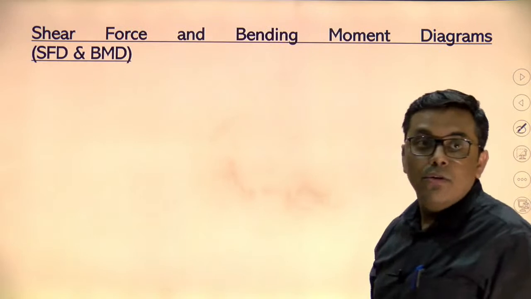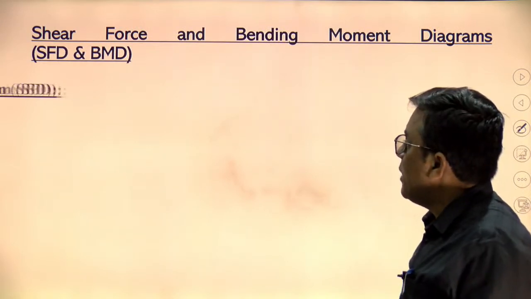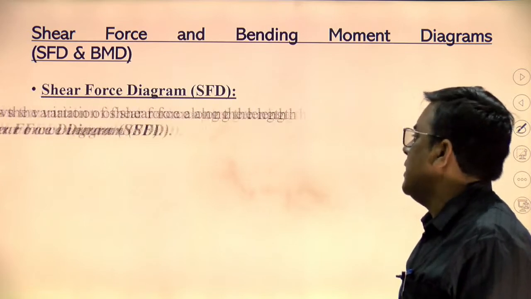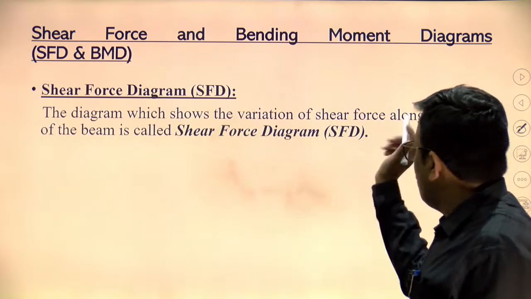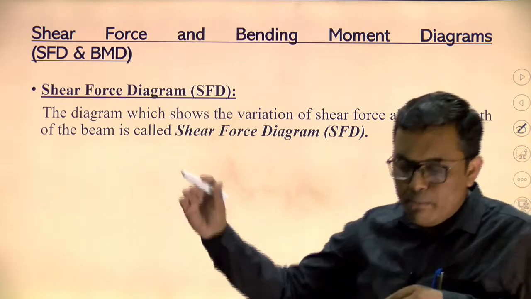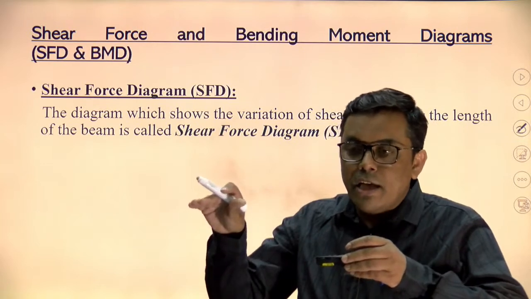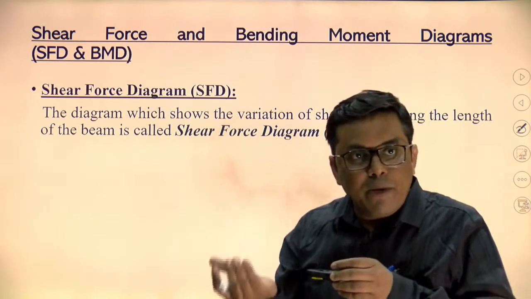Now, again and again I am talking about the shear force diagram and bending moment diagram. What is it basically? The diagram which shows the variation of shear force. Will shear force be constant over the whole beam? No, it will not be. If the loading changes along the length, the shear force value will be different.